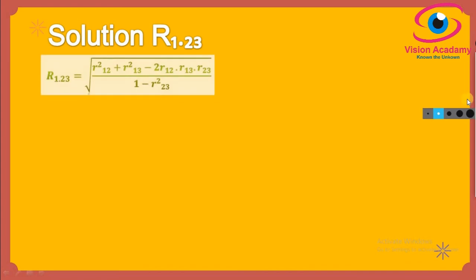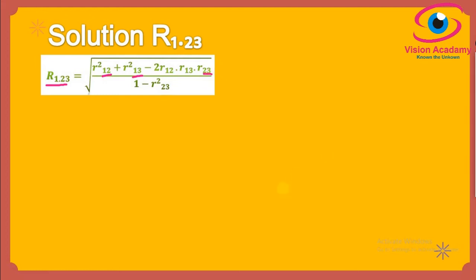So the first formula here is R1.23. The necessary information we need to fill in this formula is R12, R13 and R23, which is directly given in the problem.